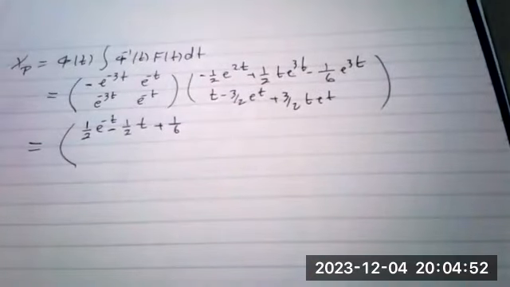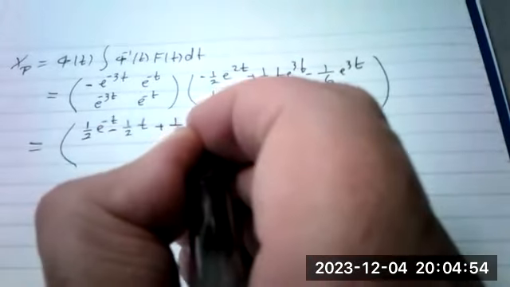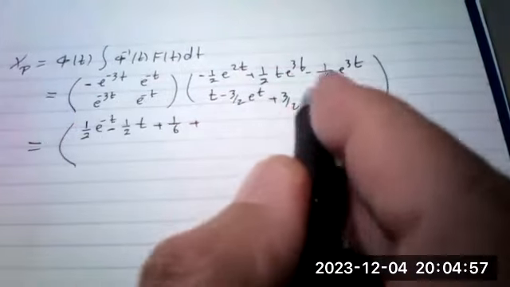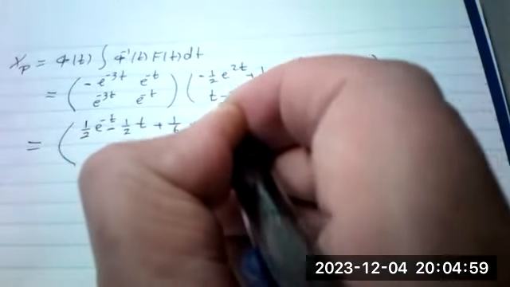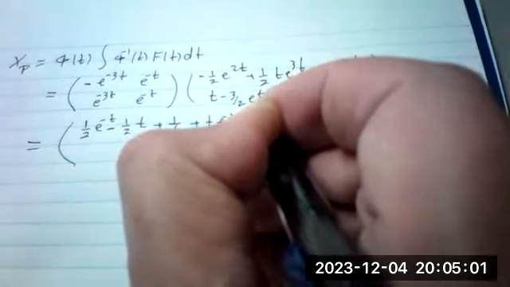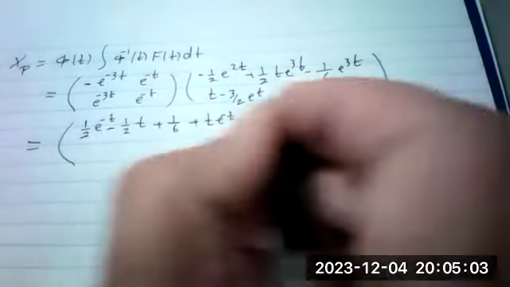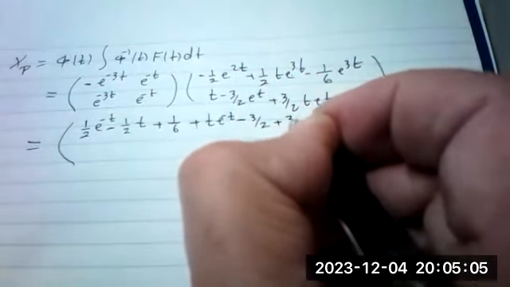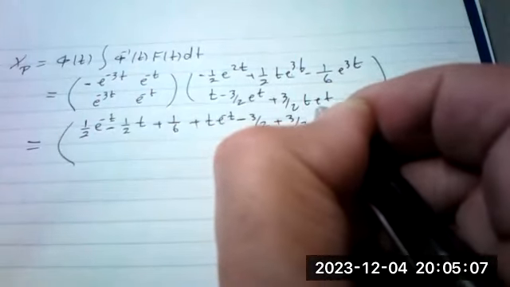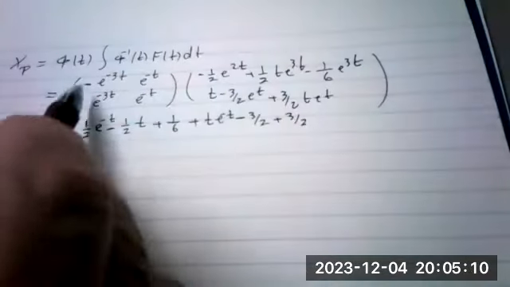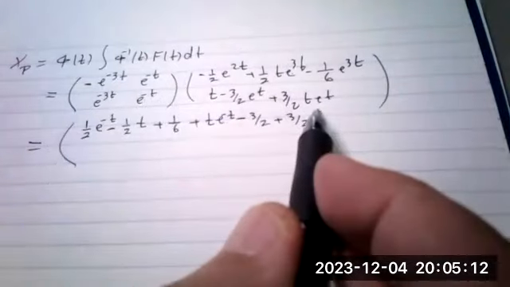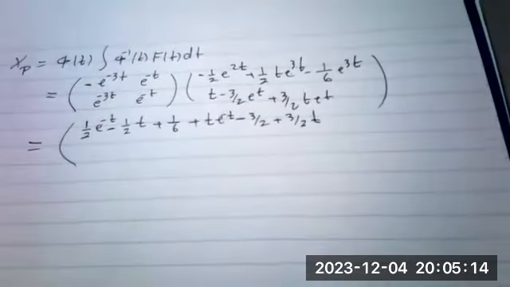That's the first part. Now you continue with the plus, you multiply e to the negative t here. So that gives you t e to the negative t. This will be minus 3/2. And this would be minus 3/2 up there. Okay, it's going to be 3/2 of t. That's the first row.